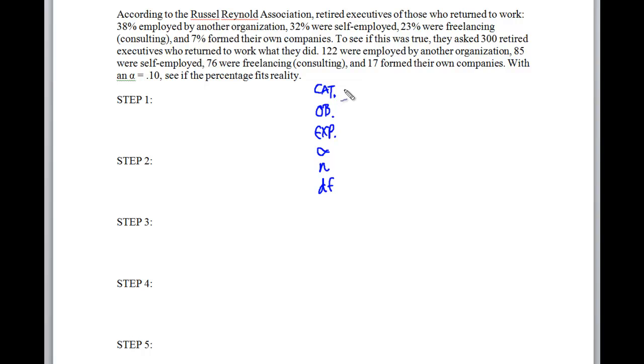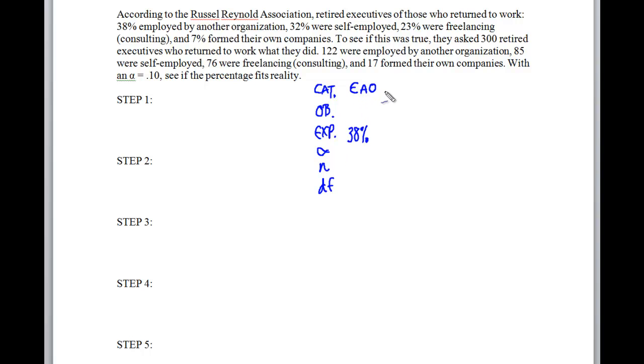Okay, so according to the Russell Reynolds Association, of retired executives who returned to work, 38% were employed by another organization. So I'm going to abbreviate that 38% category. This is employed by another organization, and that's going to be expected. We kind of expect 38% to be employed by another organization.